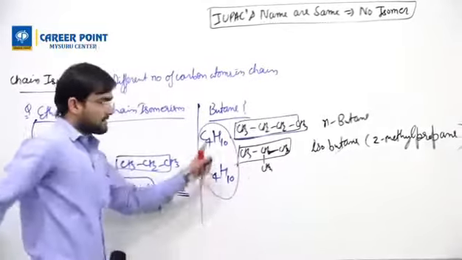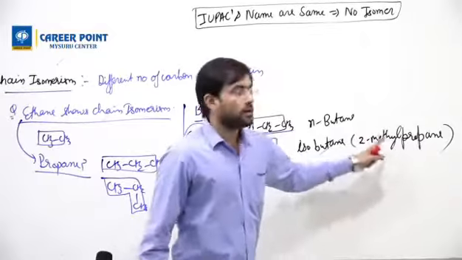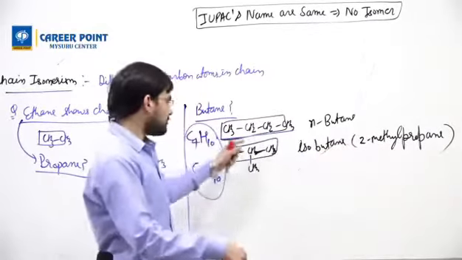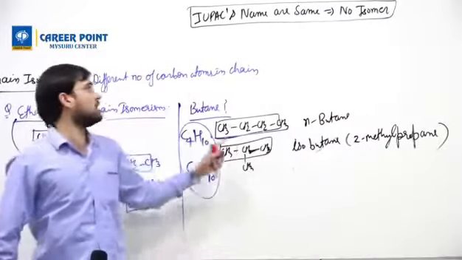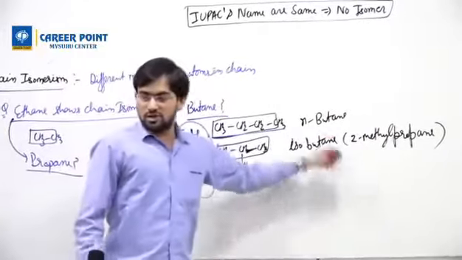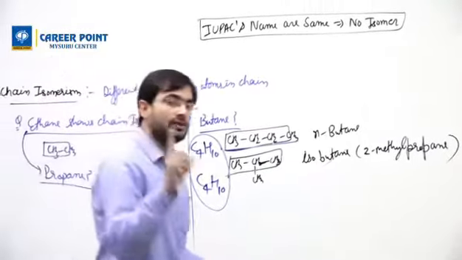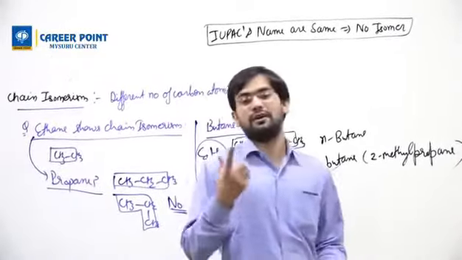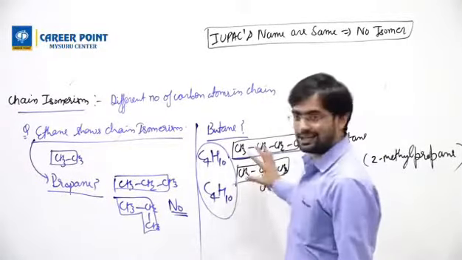Molecular formula same but different IUPAC name, because different structure. So the same molecular formula but different structure leads to isomers. So they should have the same molecular formula but also a different IUPAC name or different structure in order to be known as isomers. Clear this point?